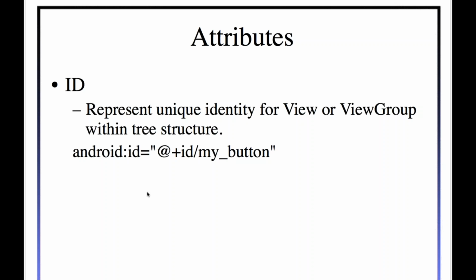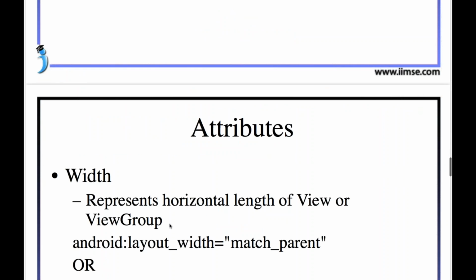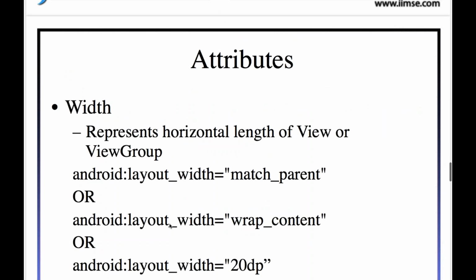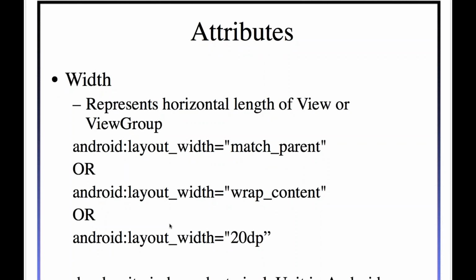Every view and view group has a specific width and height. So those attributes are also required for a view or view group, that means a layout or a component. The width represents the horizontal length of your view or view group.